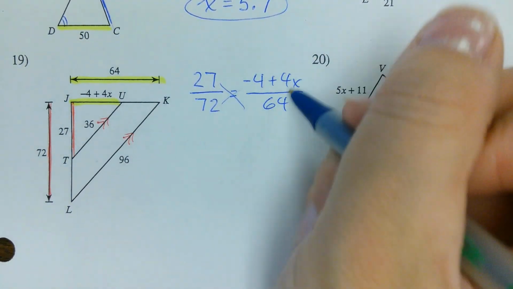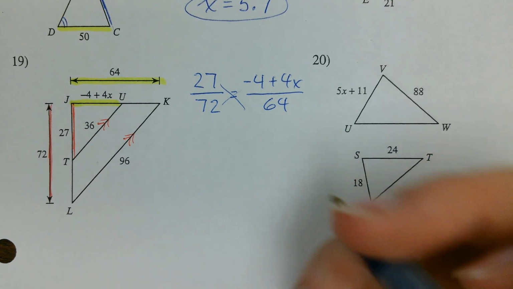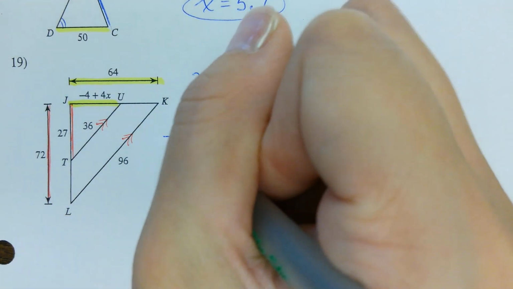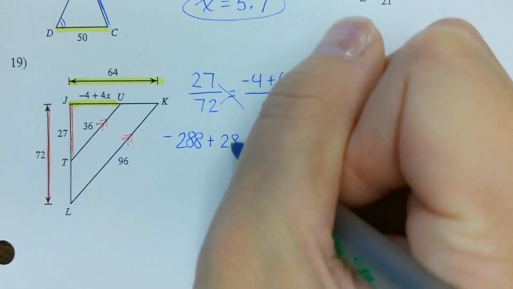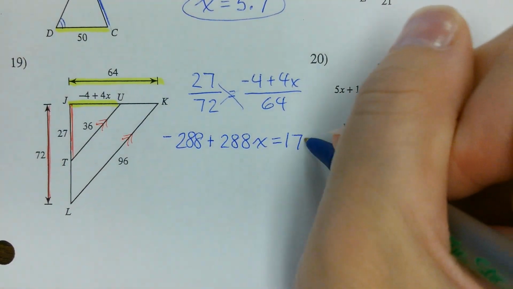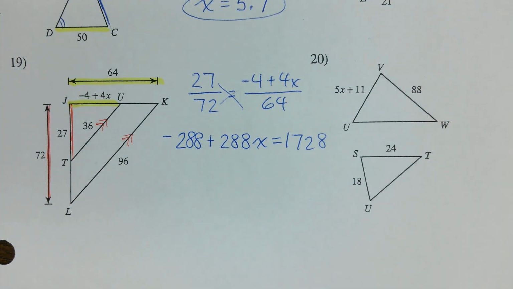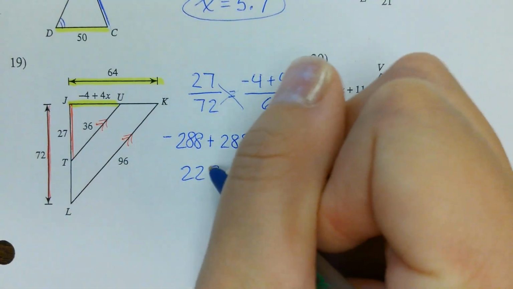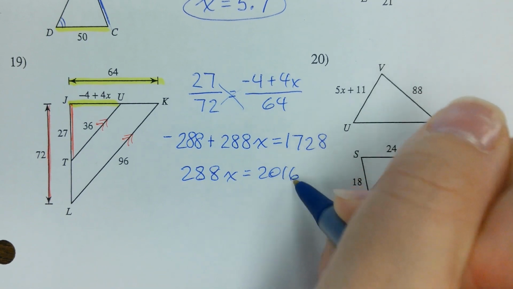Okay. So 72 times this, so 72 times -4, -288 plus 288x equals 27 times 64, 1,728. Okay. Move that 288 to the other side, so plus 288. 288x equals 2,016.